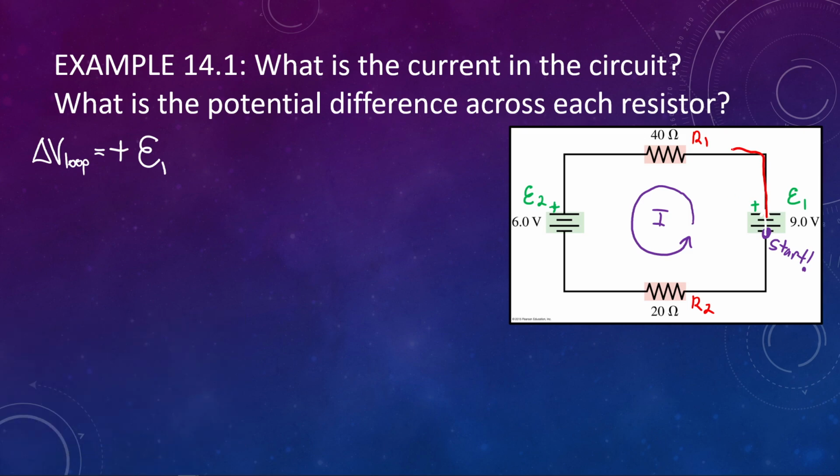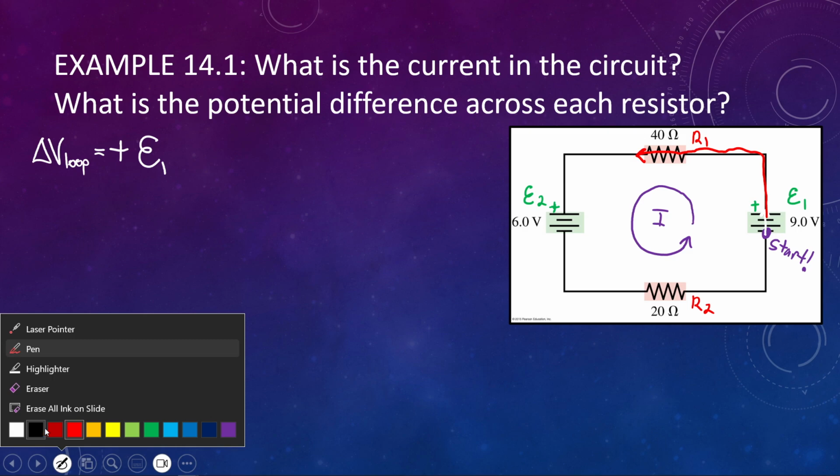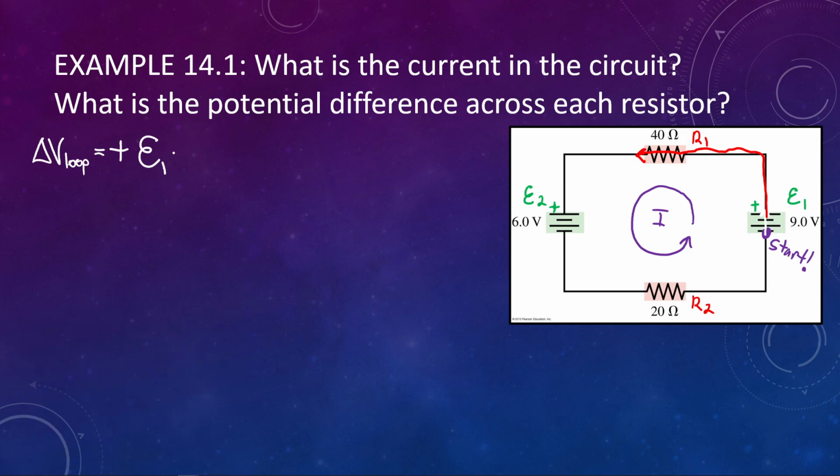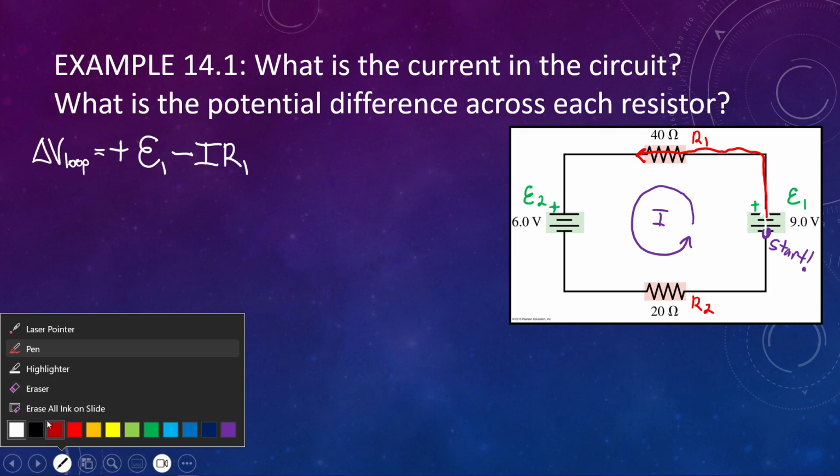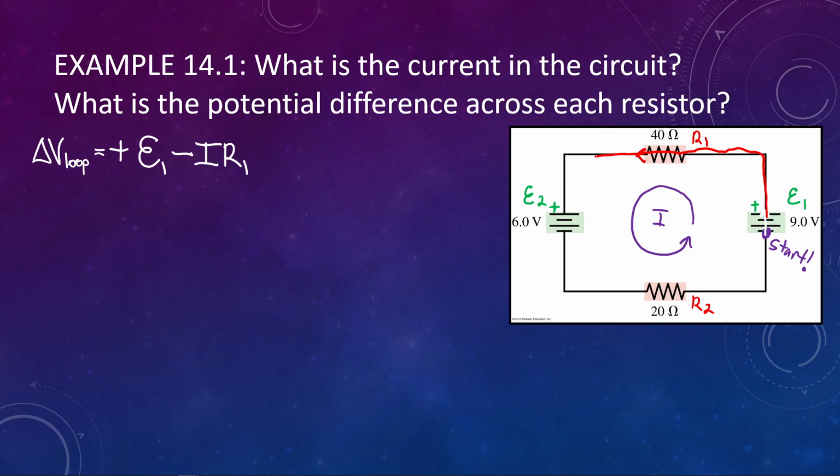follow the current through R1. Well, again, our resistors cause a drop in potential difference given by Ohm's law, I times R. So it's a negative sign because resistors drop your potential, and I times R because for resistors we represent their voltage with the Ohm's law, I times R. Okay, we then reach this second battery.